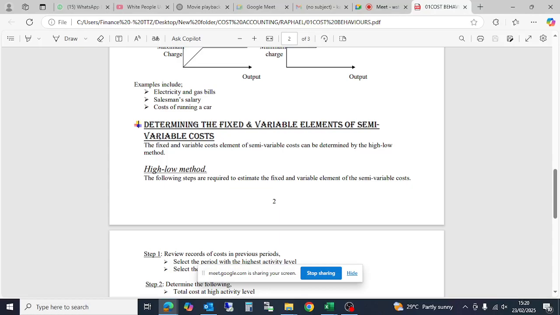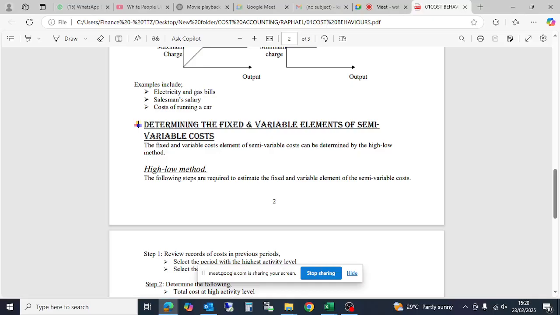There's actually a method that we use when determining the fixed components and the variable components of a semi-variable cost. In the exam, because I've solved a lot of past papers, trust me, a lot, sometimes they'll give you a cost per unit.